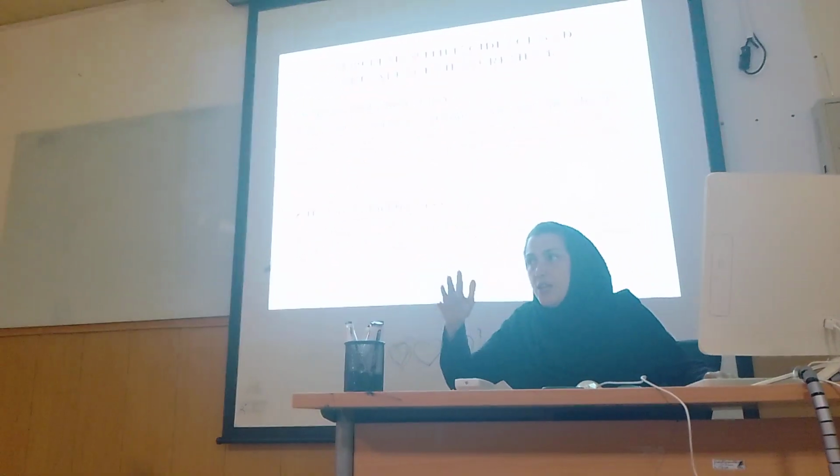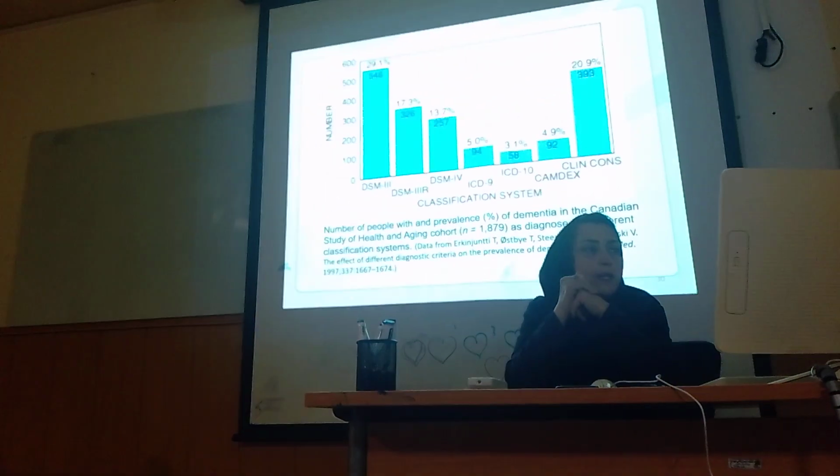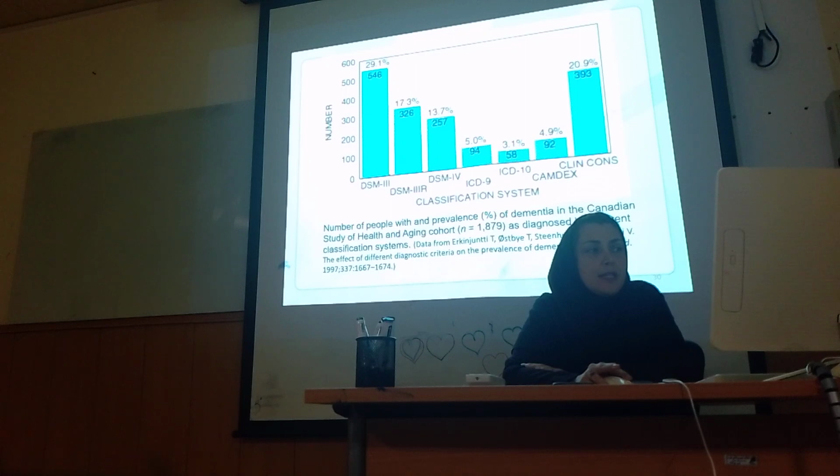Because of the change in the definition of disease. Here you can see the number of people with and prevalence of dementia in the Canadian Study of Health and Aging cohort. Here you can see, based on different categorization, the prevalence might be different, between 3 and 29.